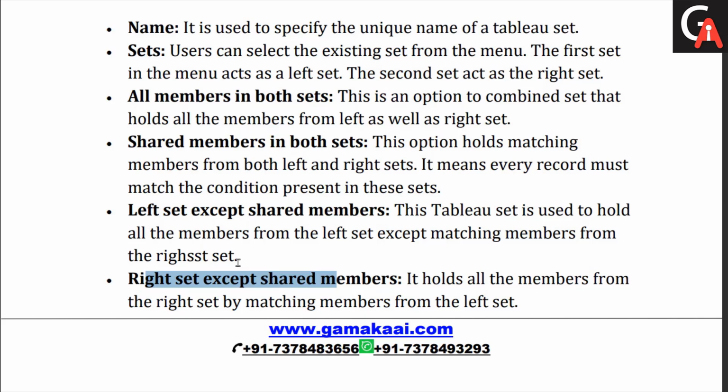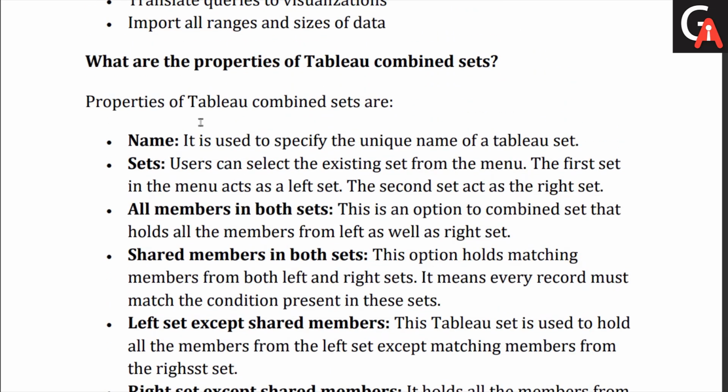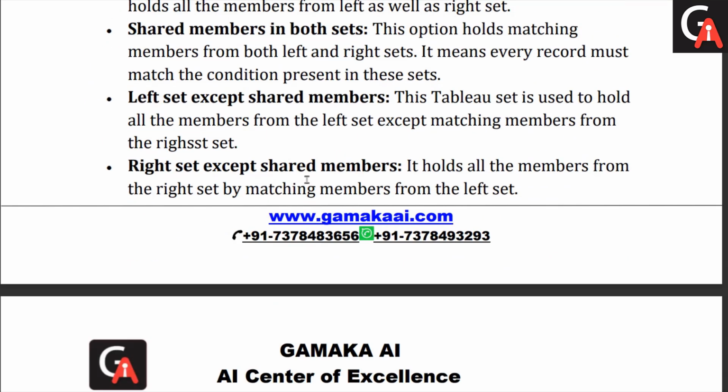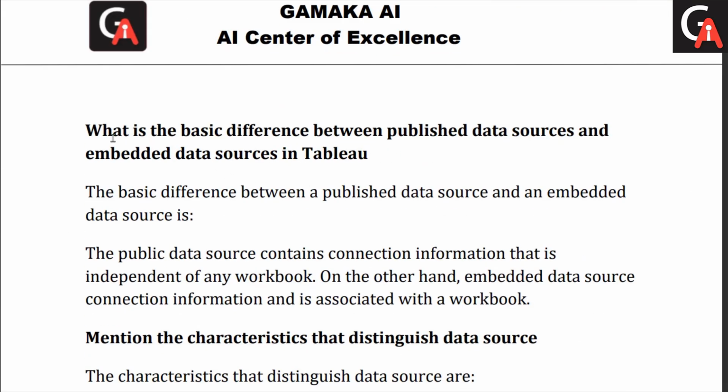If we have created two sets in Tableau and I want to get a third set, we can choose different options, and it's like a join. We have joins like left join, right join, inner join, left anti, right anti. Those kinds of things are there in Tableau as well, but the nomenclature is different. We can draw some inferences or analogy, and then we can know what the properties of combined sets are.